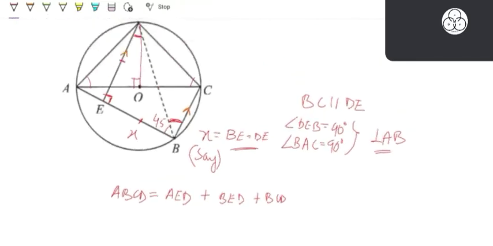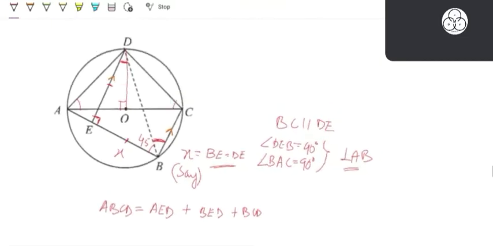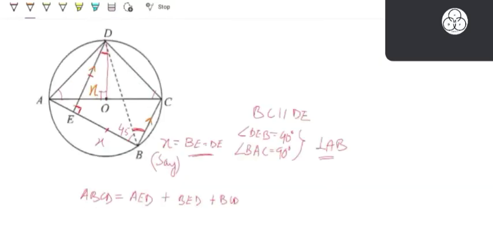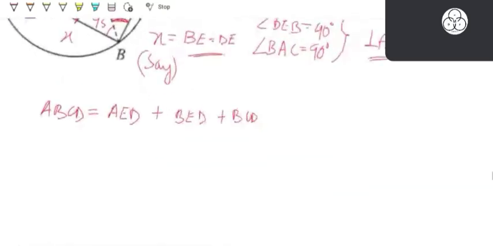Now how can we express area of AED? See, this is a very easy thing. This is X, so we can write area of AED as half into X into AE, that is half into base into height. AE is the base here.